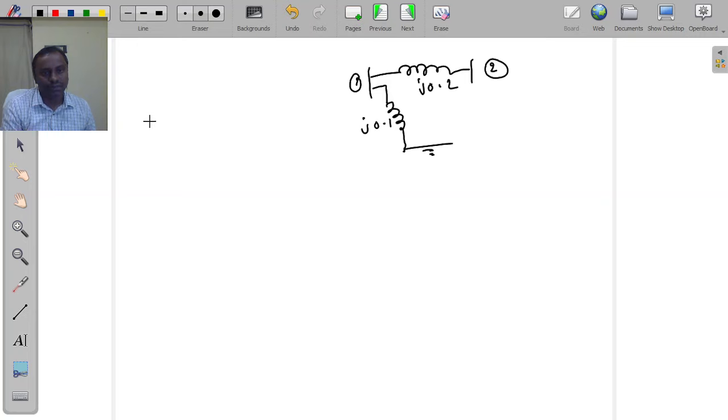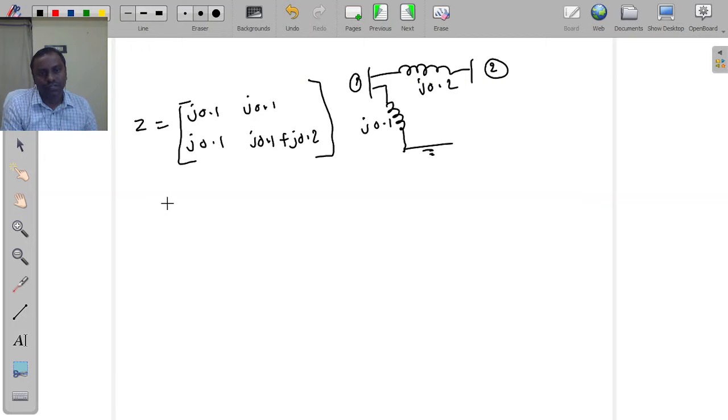Now the new Z matrix will become the old Z matrix j0.1, the same thing will be maintained. The new entry will be the old impedance plus the branch impedance you are adding, j0.2. So this is the new Z matrix.